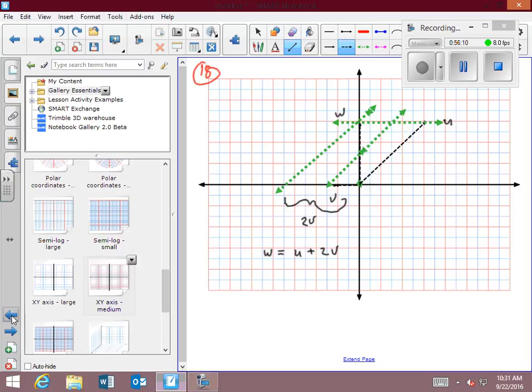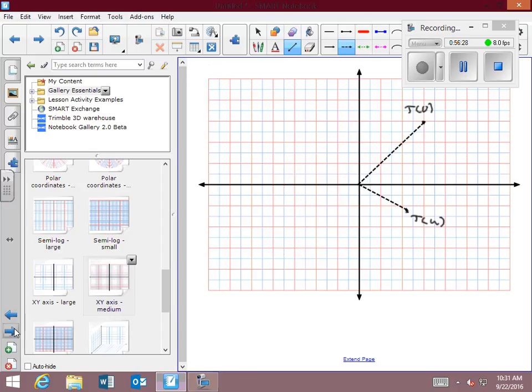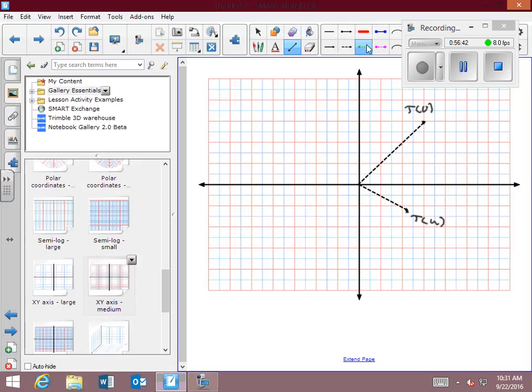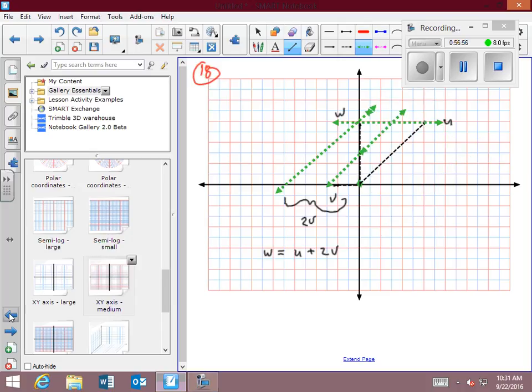So we draw a line parallel to V through U up here on top. And then I'll draw a line from V parallel to U. Let's see. Through V parallel to U. Now we said that the V has to be twice as far out.